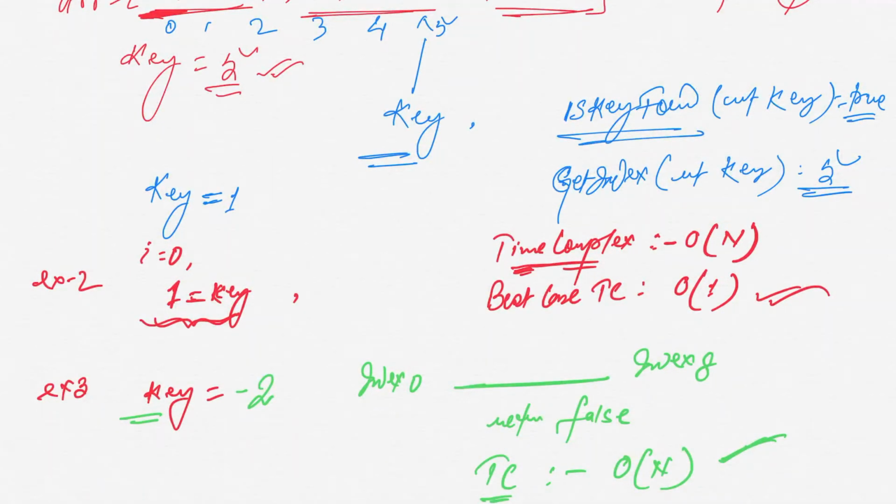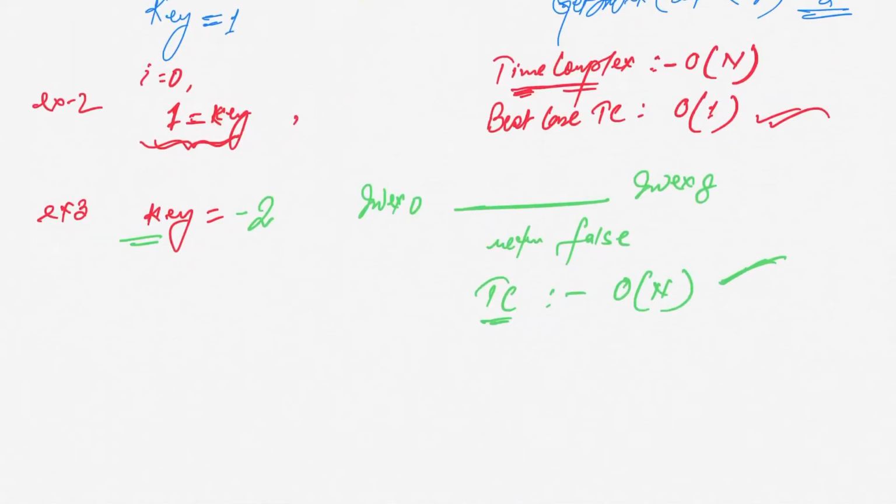If the element is not present, after traversing each and every element we will return false. If you see the code, it's pretty simple. We write a loop, integer i equal to 0, i should be less than n, and i plus plus.